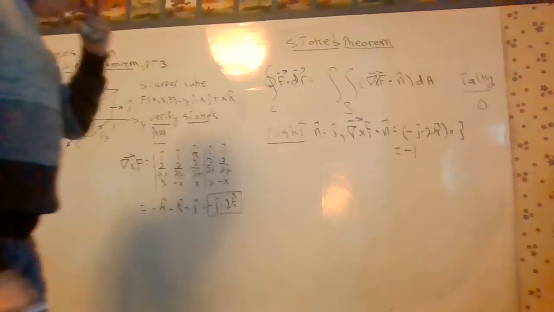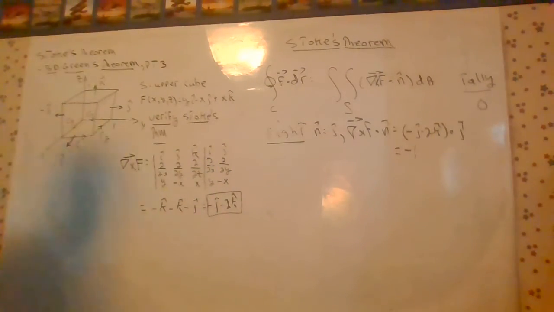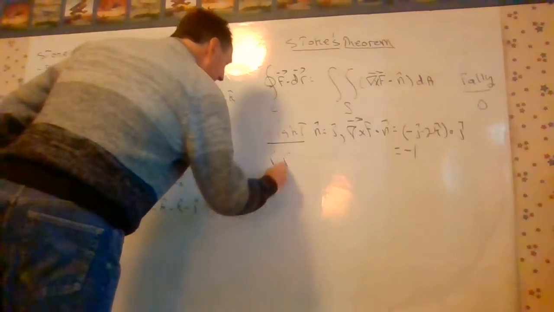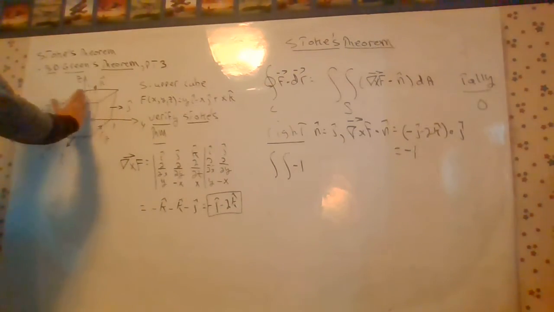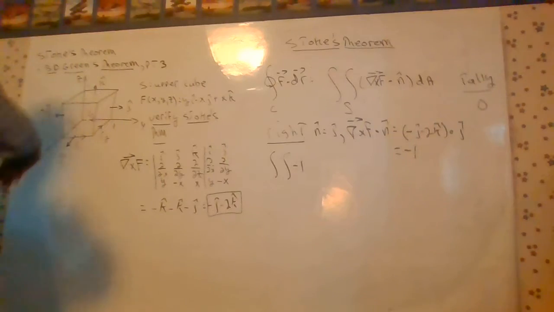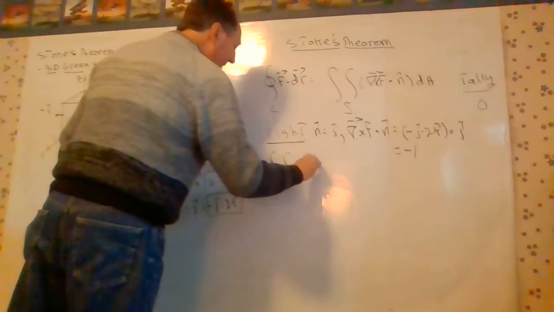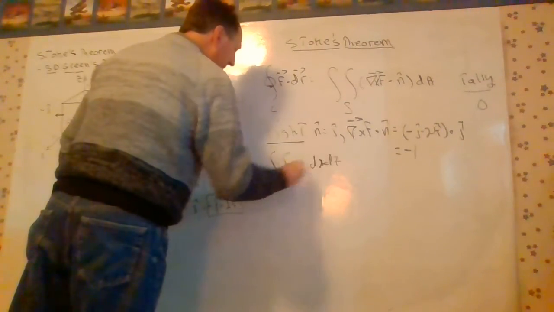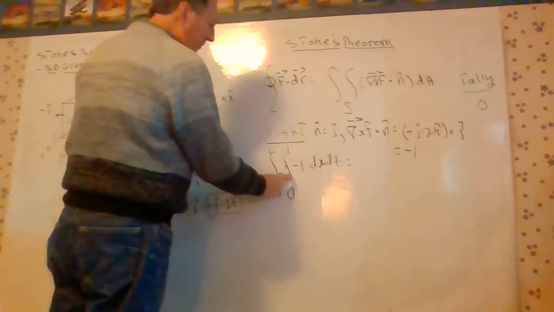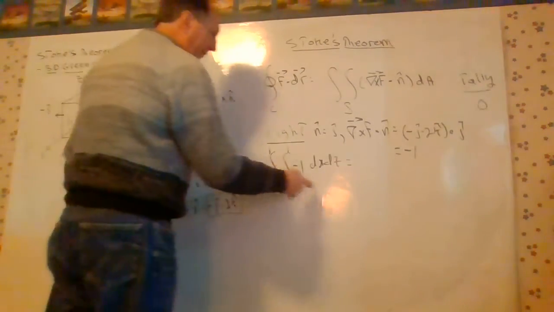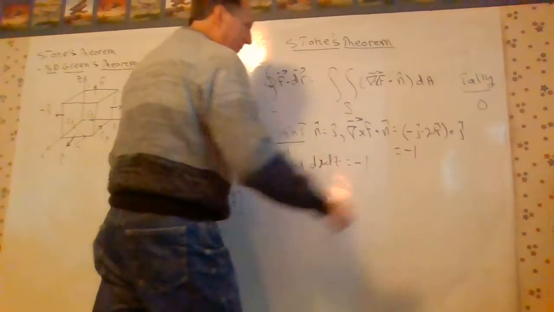All the other components are 0. And so we're going to integrate -1. Now, this here is really an xz integral, so you can do dx dz, 0 to 1, 0 to 1. Well, that's just going to be a unit square. Times -1, we get -1. So I'm going to put -1 over in my tally.